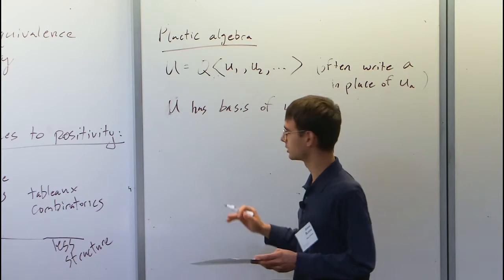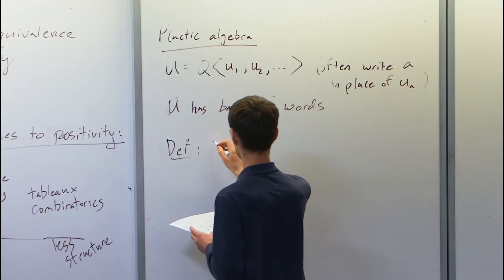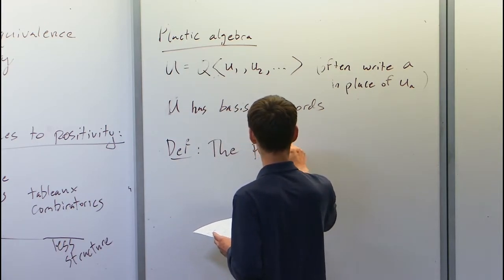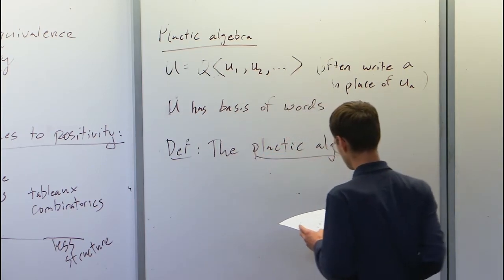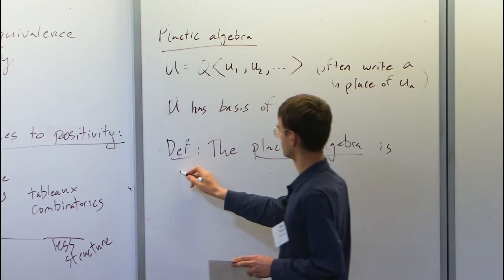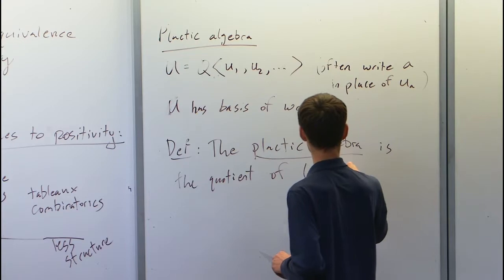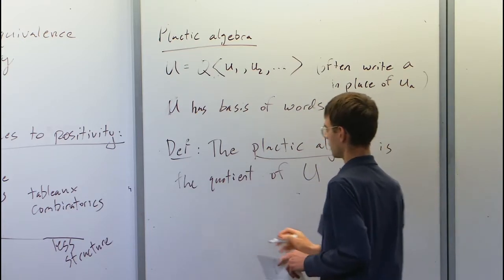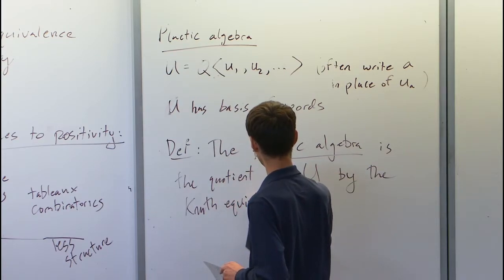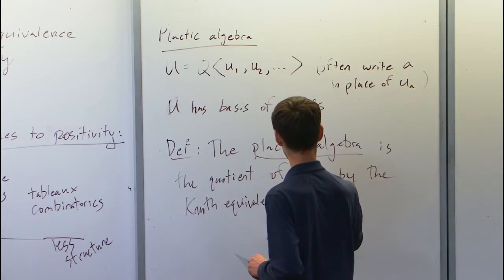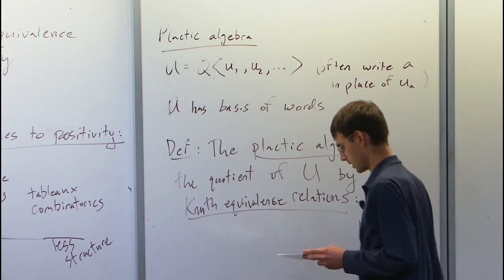All right. So we're going to be interested in certain quotients of this algebra. So the plactic algebra is one such quotient. The plactic algebra is the quotient of U by the Knuth equivalence relations, which are the following.